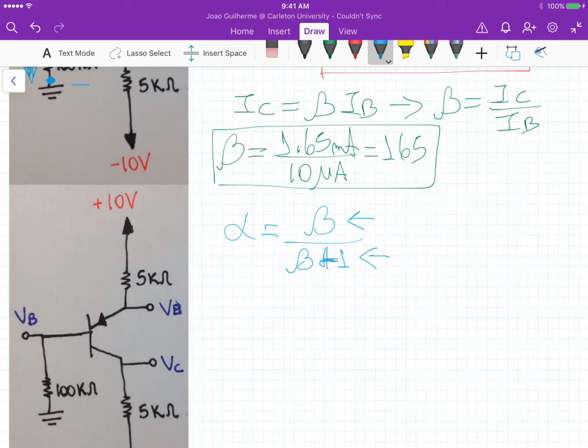In our case, this is 165 divided by 166, which gives us an alpha of approximately 0.994.